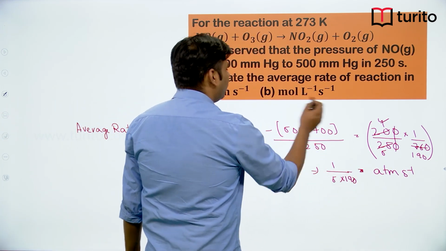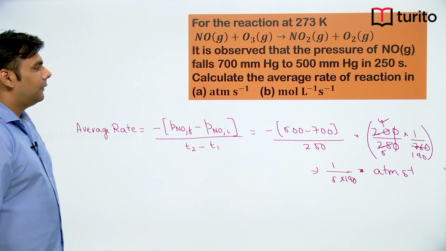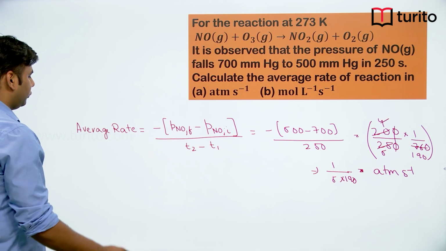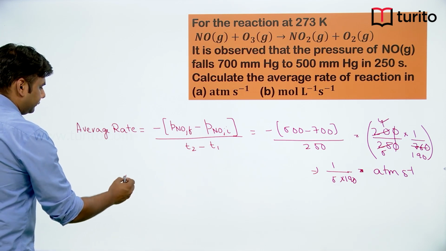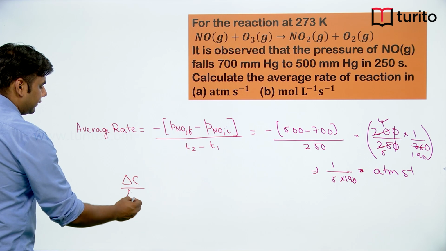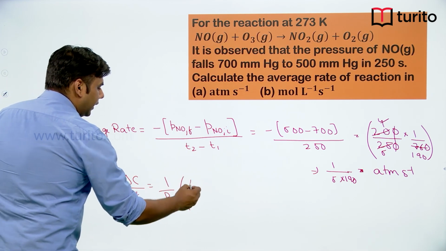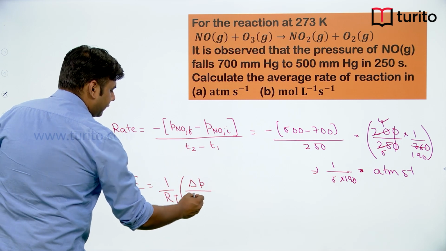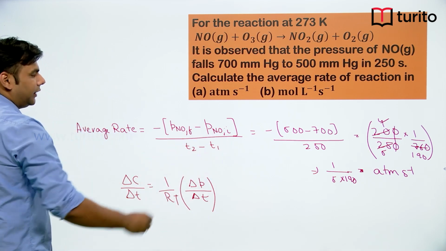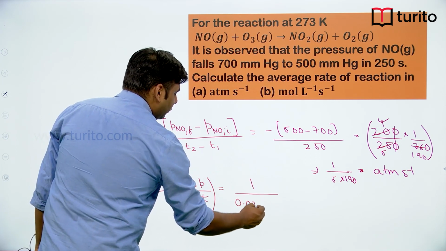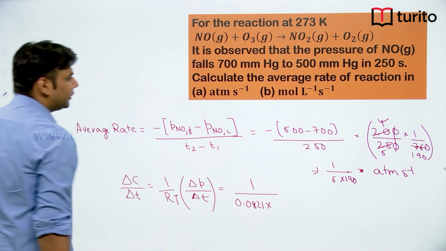Okay, now we want to calculate the same in moles per liter per second, that is we need to change it in concentration terms. So we already know that delta C by delta T was equal to 1 by RT into delta P by delta T. Okay, so we know the value of delta P by delta T. So you can put R as 0.0821, right, because pressure is in atmosphere.